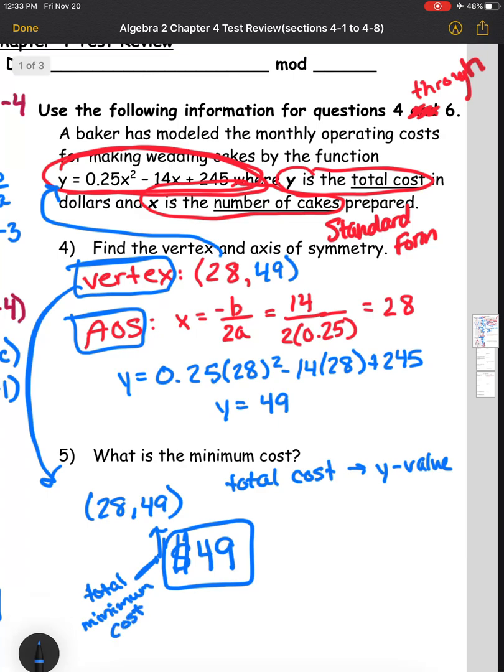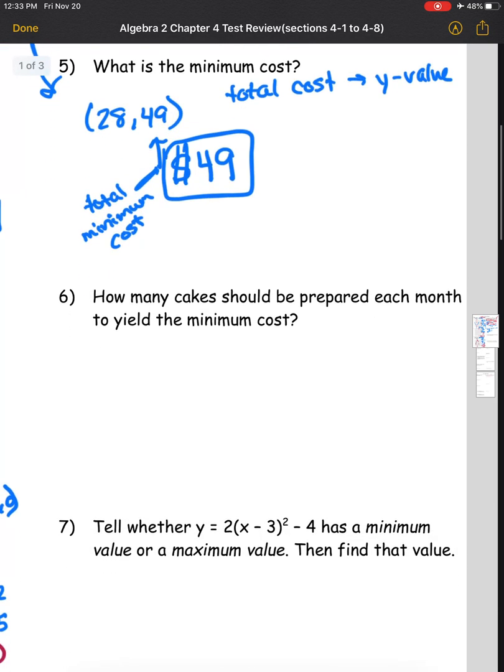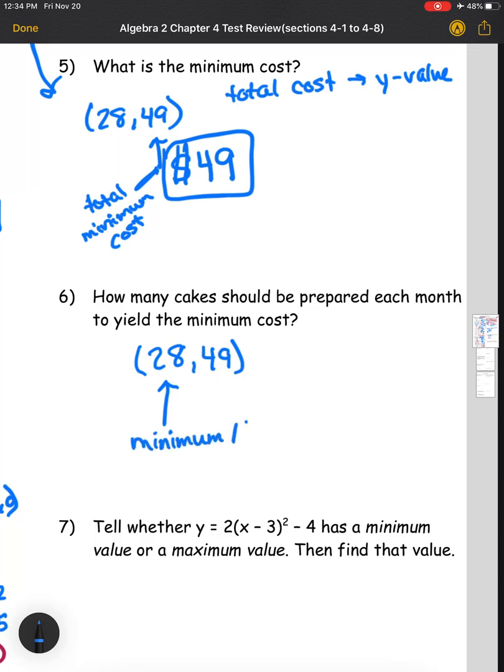Okay, then in number 6, how many cakes should be prepared each month to yield the minimum cost? Well, again, that came from our vertex here. So 49 meant the total minimum cost, and the x value here means the minimum number of cakes.